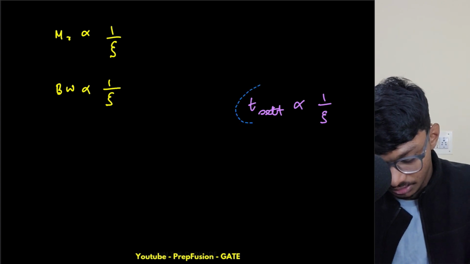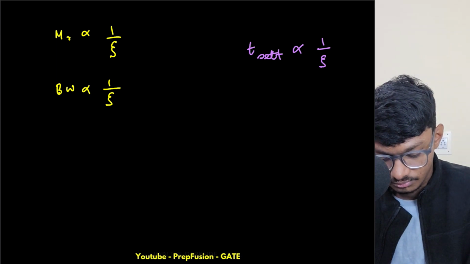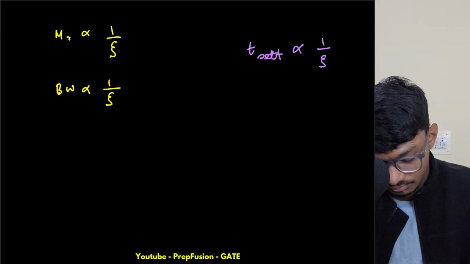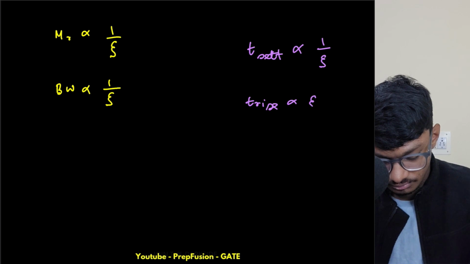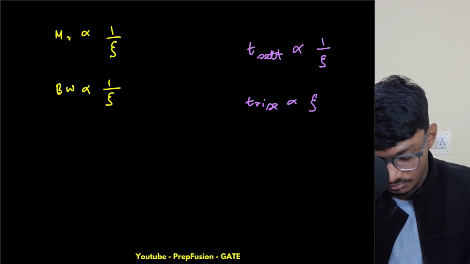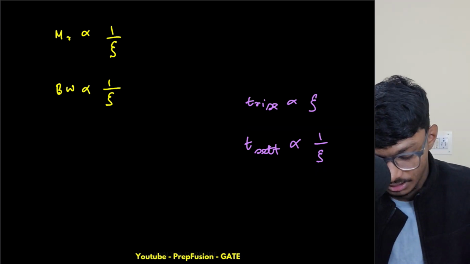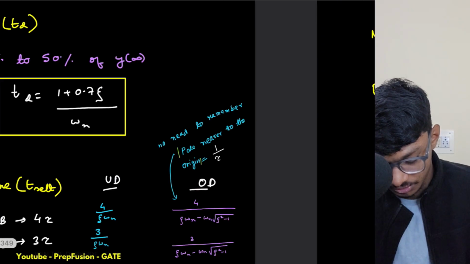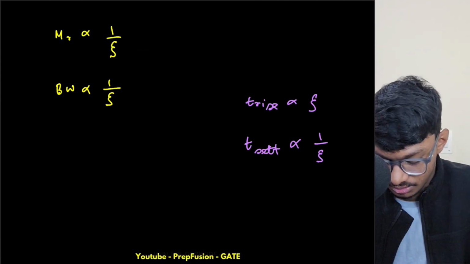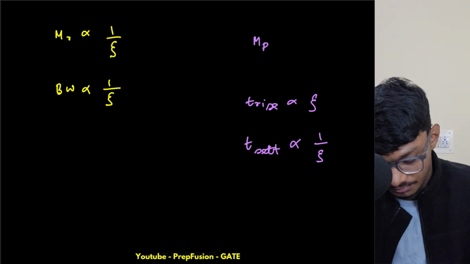So what we will do is compare this bandwidth and the T rise. And MP, maximum peak overshoot, is inversely proportional to zeta, just similar to the resonant peak.